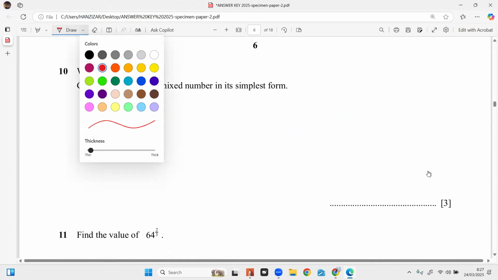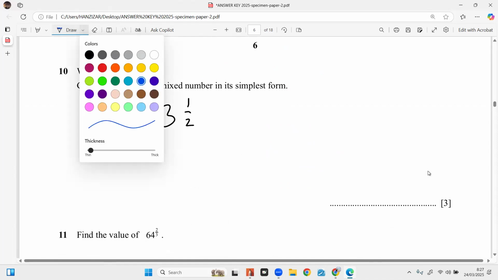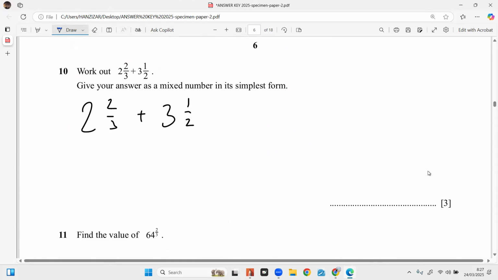Okay, it's quite simple. 2 and 2 over 3, I make it bigger because we can convert this mixed number to an improper fraction easily. So 2 times 3, 6. 6 plus 2, 8 over 3.